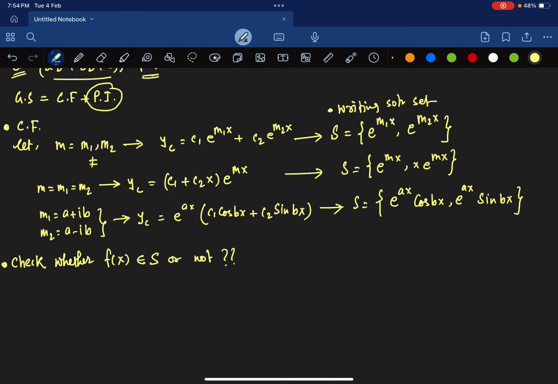Now, f(x) can have different forms. It can be e^(ax), or some combination of sin ax or cos ax, or some combination of sin, cos and exponential functions, or it can be a polynomial.